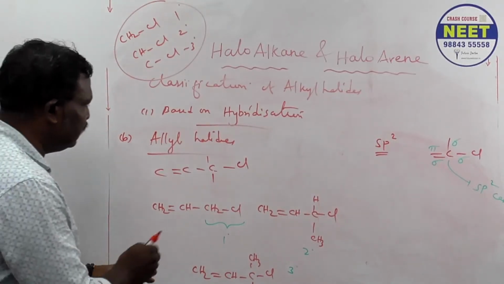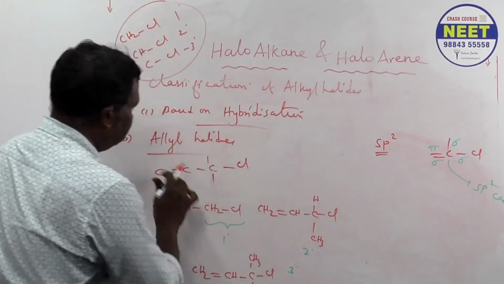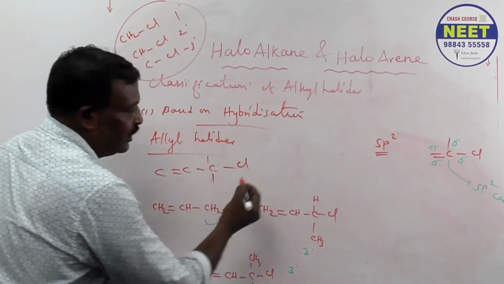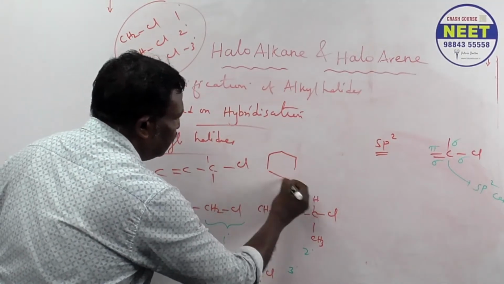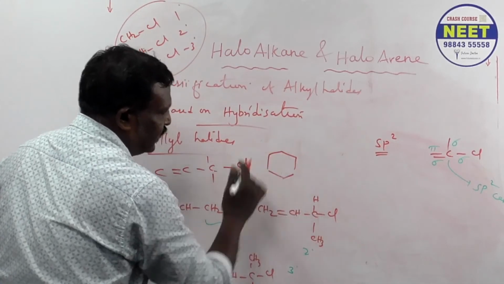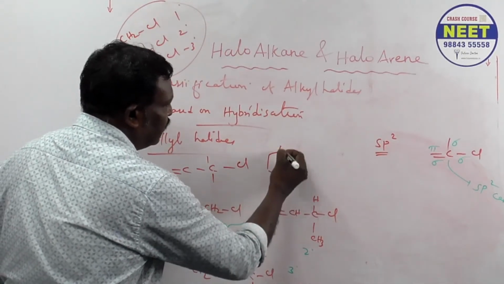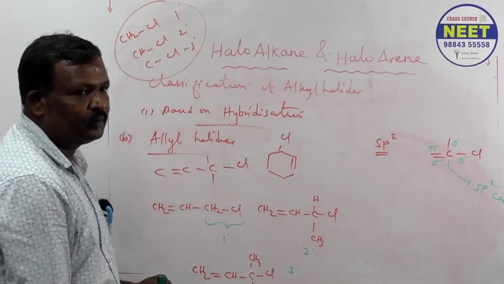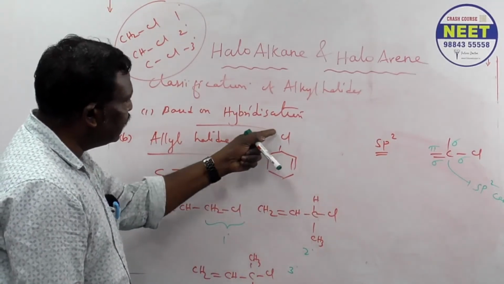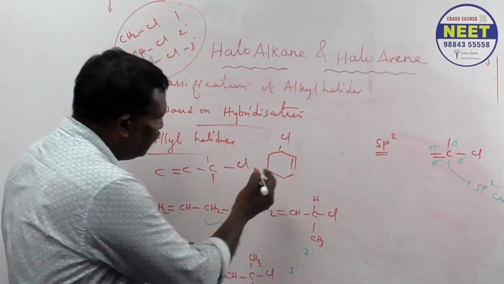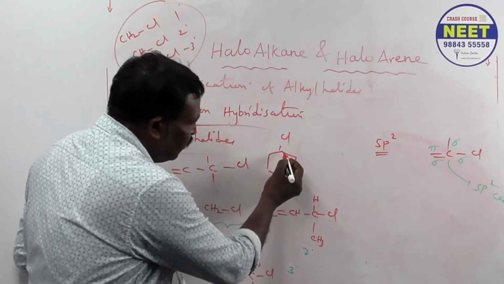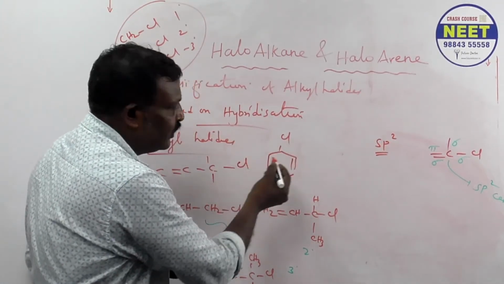One more example I'll give in this category, allylic. What is this? Halogen is attached to this carbon, and here one carbon and one hydrogen are also there.